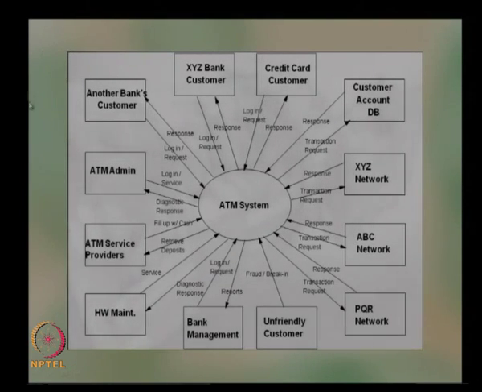So, these are the different systems interacting with the ATM. They are the external systems, and you can go further down to this level and identify what kind of interaction takes place. We discussed the external system diagram, so you can prepare a more detailed external system diagram identifying the type of interaction taking place between these entities.